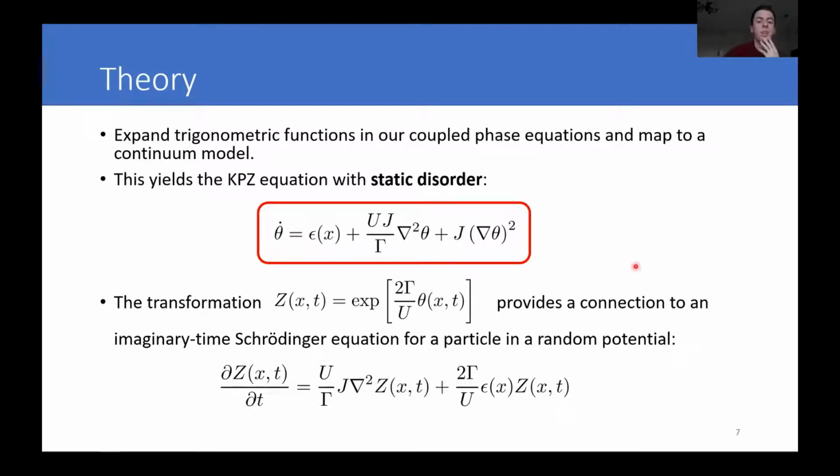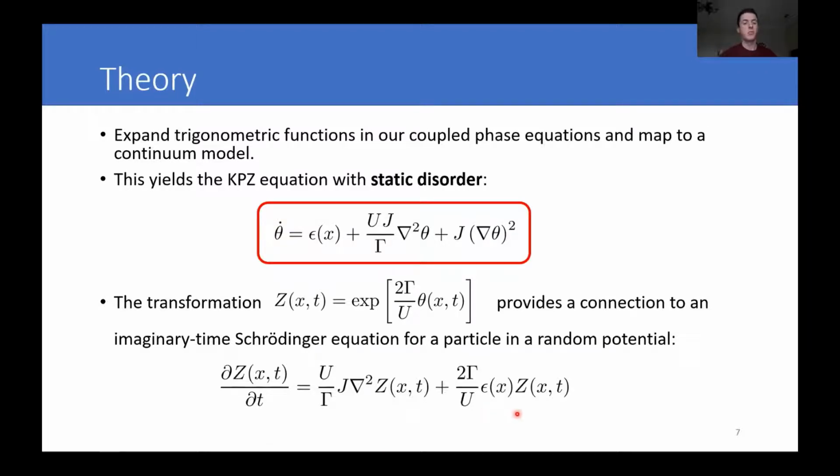So there's a little bit more work to do to extract the scaling behavior that we're looking for. The way to go about this is to perform the Cole-Hopf transformation, which allows us to write our Kardar-Parisi-Zhang equation in a slightly different form, as I've written up here. You might recognize this: it's just an imaginary time Schrodinger equation for a particle in a random potential, because again our epsilon here is random.